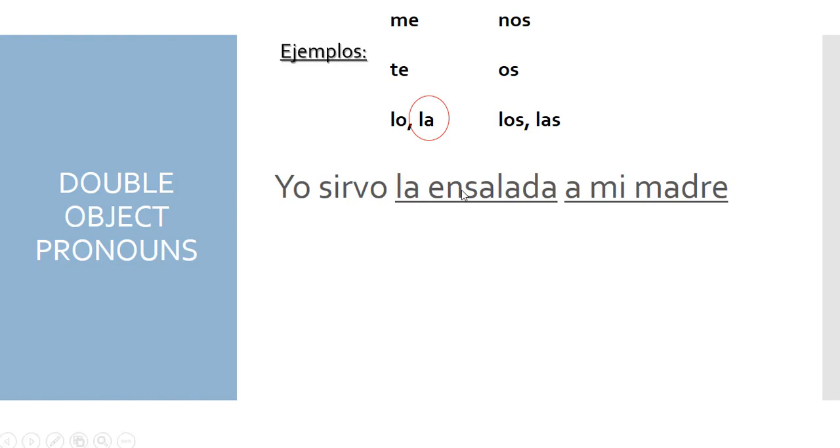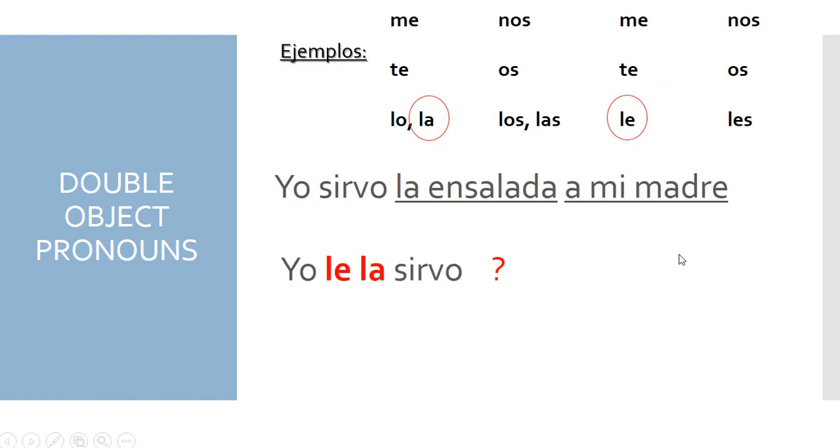La ensalada will be replaced by la. Careful, I'm putting the direct object pronouns on top of this, but remember that first we have the indirect and then the direct. Then a mi madre, if it's only one person, is going to be le. So we have one of these with one of those. What happens? You're going to put this one, but it's going to become se.